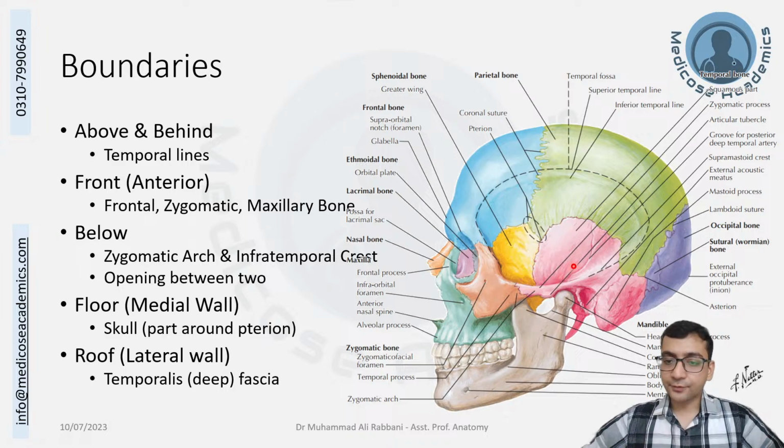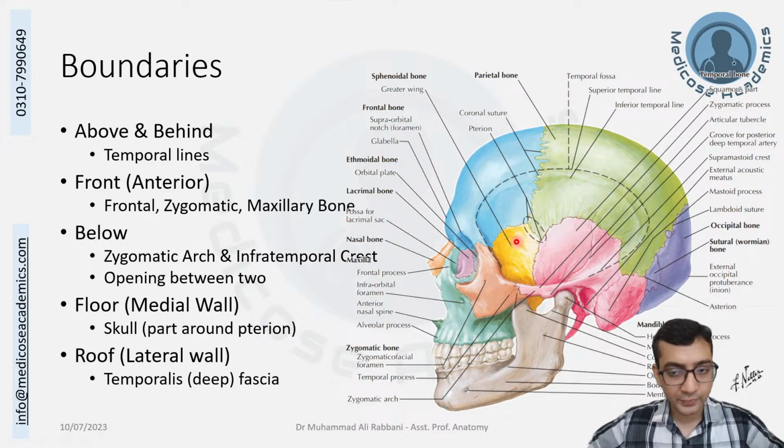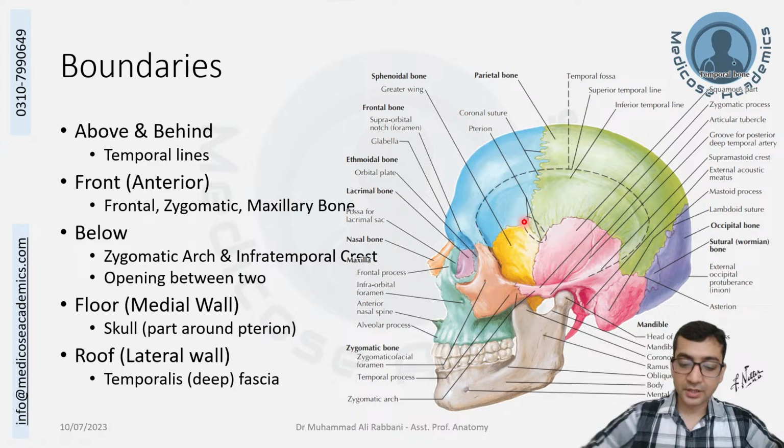The floor will consist of the pterion. We talked about it in the skull in the first lecture, and the four bones that are around it: the frontal bone, parietal bone, squamous part of the temporal bone, and greater wing of sphenoid. In between them there is the pterion. This part is prone to fracture, and it demarcates the location of the anterior division of the middle meningeal artery passing just below it.